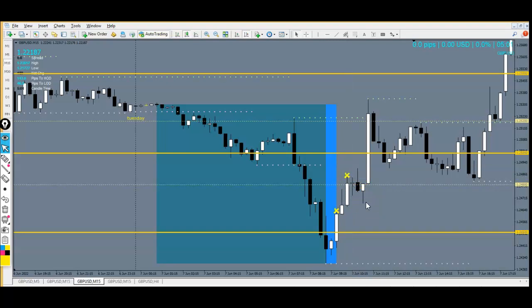So we could have entered and maybe just closed out to negate this loss that we had there. We could have had a 1 for 1 or 1 for 1.5, or once we saw this coming back, we could have put it in at break even, and then it could have been a break even trade.